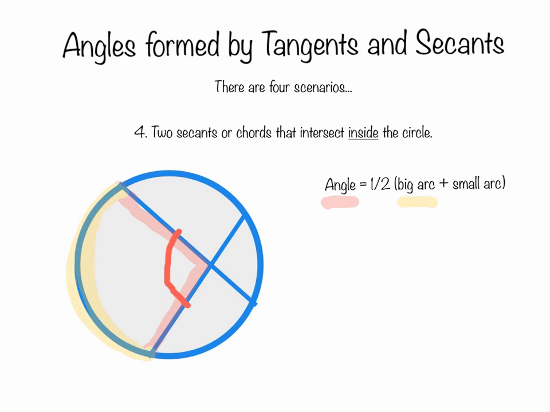And the small arc is actually the intercepted arc of the vertical angle. So this is our small arc. Okay, so the two arcs are going to be the angle's intercepted arc, and then its vertical angle's intercepted arc.